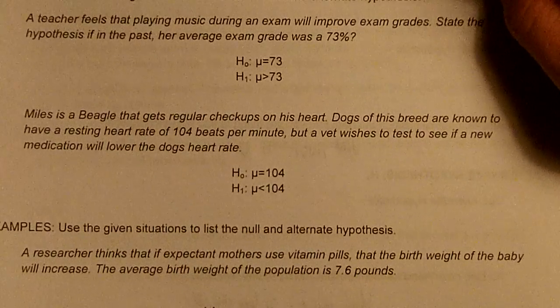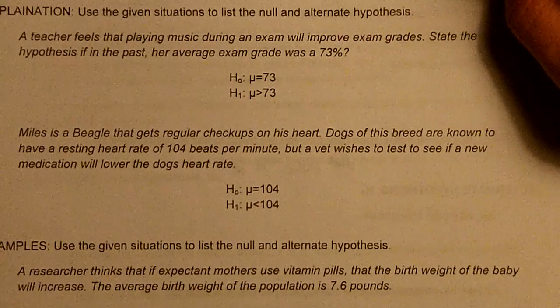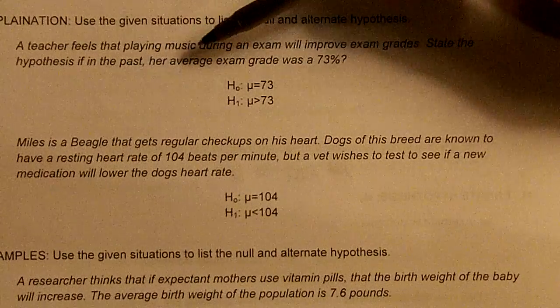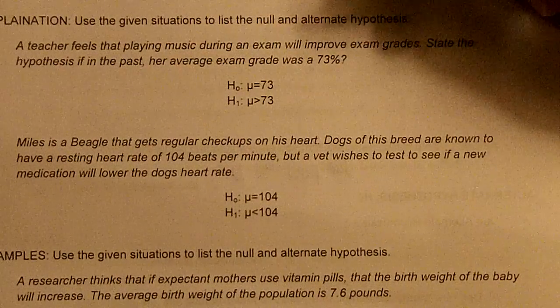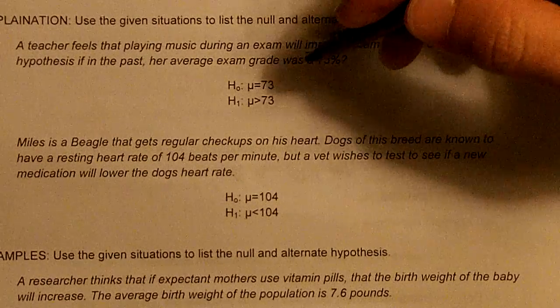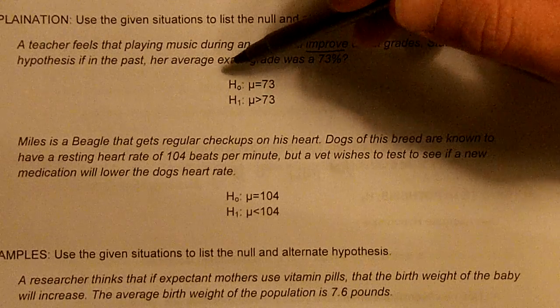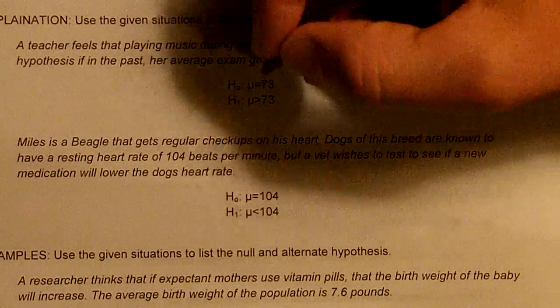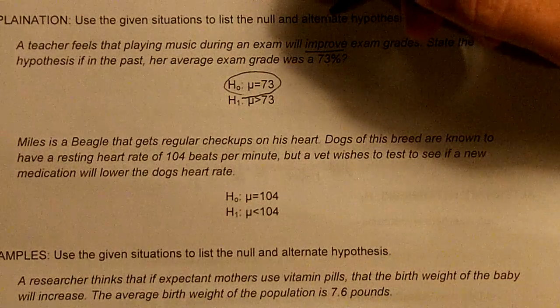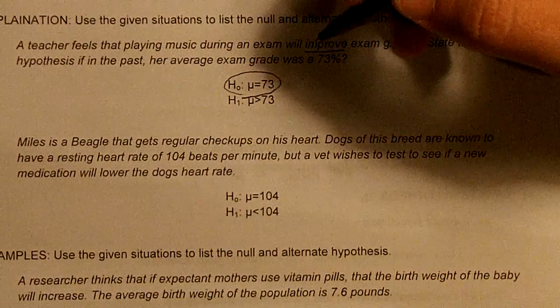Basically, you're looking for a few keywords, and in the first example here, a teacher feels that playing music during an exam will improve exam grades. So right here, improve. State the hypothesis if in the past her average exam grade was 73%. So right now, the original claim is that this teacher claims that her students would score 73 on their exams.